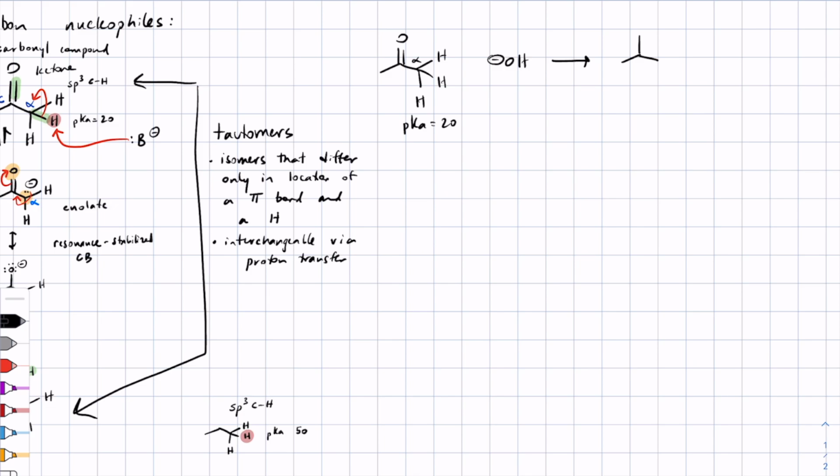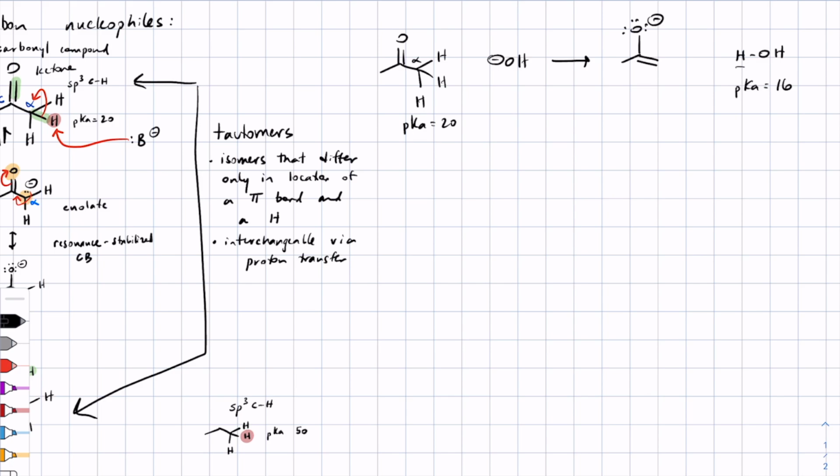You can draw either of the two resonance structures. On the other side of the equation, we have water as our acid, whose pKa is 16. In chapter 2 of 351, you learned that the strongest acid wins at losing its proton. So which side of this equation is favored at equilibrium?